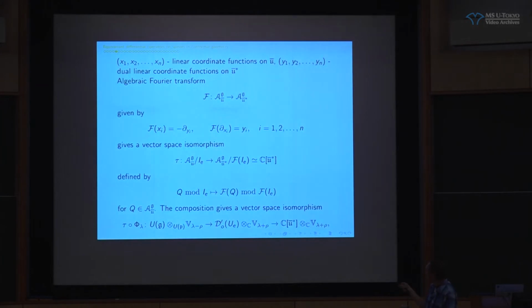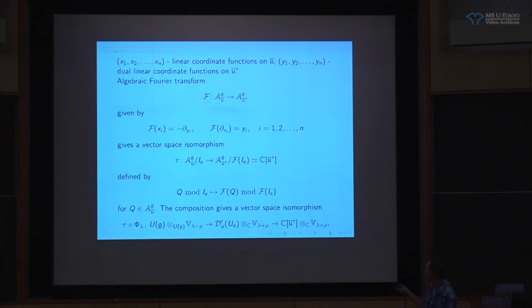And the right-hand side, when we quotient this Weyl algebra over U bar star by the Fourier dual of the corresponding left ideal, can be identified with the polynomial algebra over U bar star. And the identification is clear: the coset of an element Q goes to the Fourier transform of Q modulo the corresponding Fourier image of the ideal I.